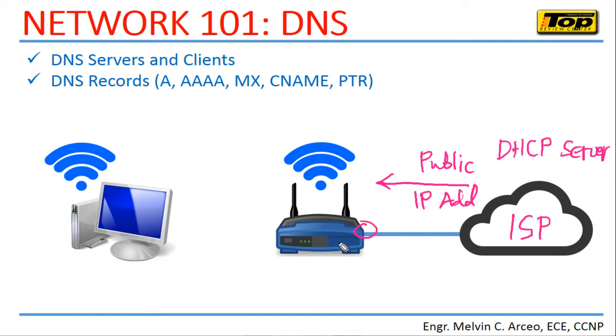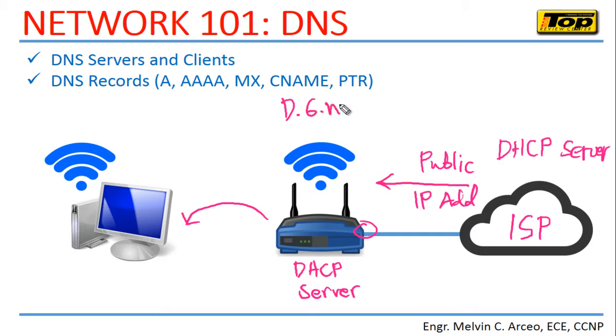So magpo-provide ito ng public IP address, and this wireless router will be also a DHCP server and at the same time a client. Client siya doon sa ISP, per server siya doon naman sa ating end device, which is our computer. So alam naman natin, no, madalas na panahon, ang default gateway na ginagamit natin for the wireless routers, 192.168.1.1, that will be the gateway of our device.